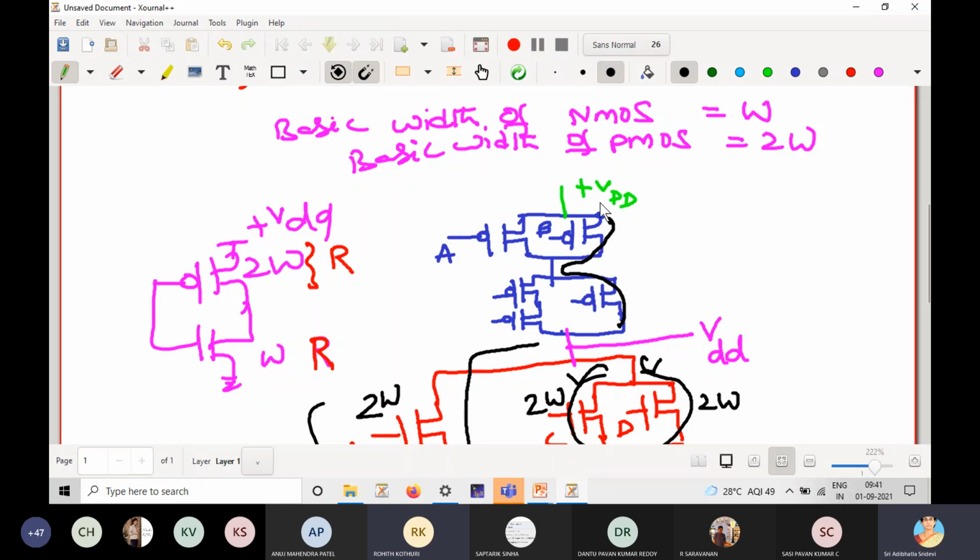If this is the path, I can get 2. Or the path may be this one, here also I can get 2. But if it is flowing like this, for example, if this is off and these 2 are on, it is having 3 in the path, correct? Or this may be a path, then also it is having 3. So what should I consider here? Shall I consider there are 3 in series or 2 in series?